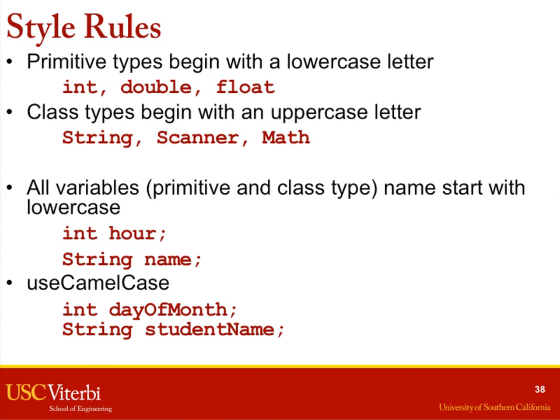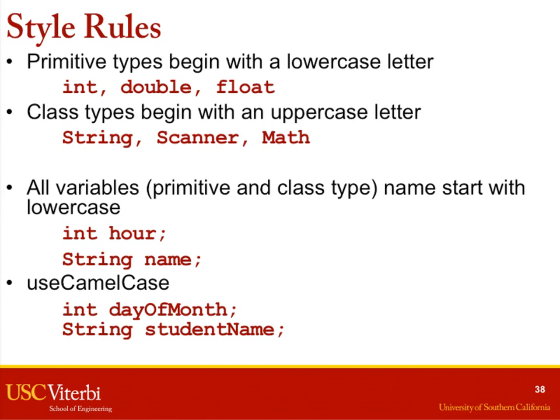Style rules. The primitive types start with all lowercase. Anything that starts with an uppercase is going to be a class type. So there is a class called String, and we're going to get to all the fun things you can do with String. You're creating an instance of String.